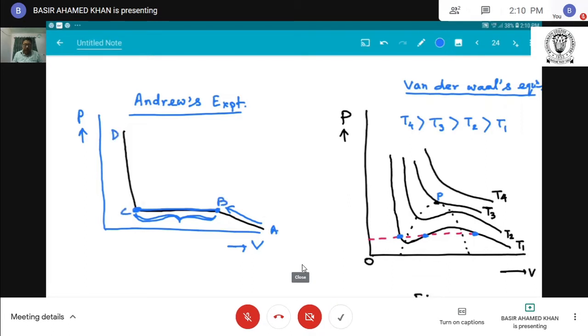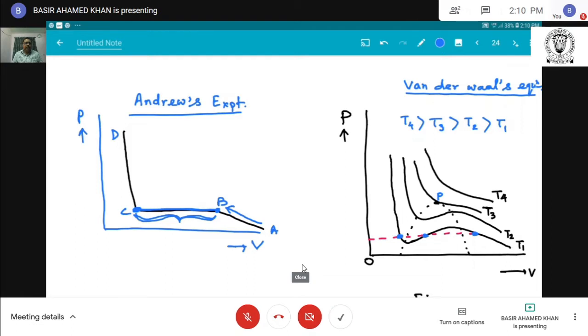At point C all the vapor has turned into liquid, and after that if I want to compress, the volume changes only slightly even with large pressure.